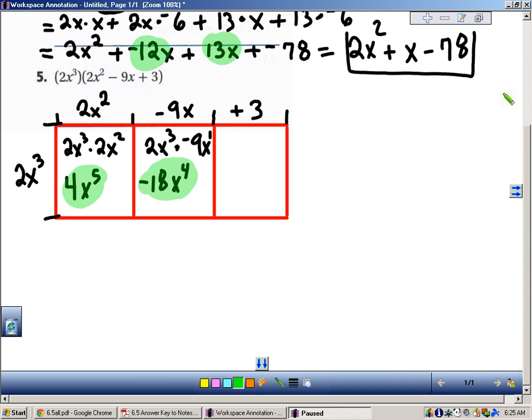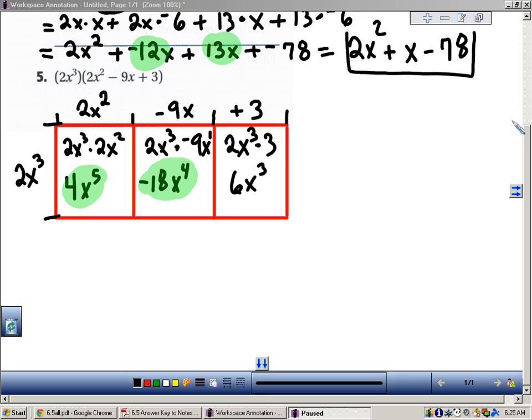Then the final section is 2x to the third times 3, which is 6x to the third. And so the total area of this generic rectangle represents the product of these two polynomials.